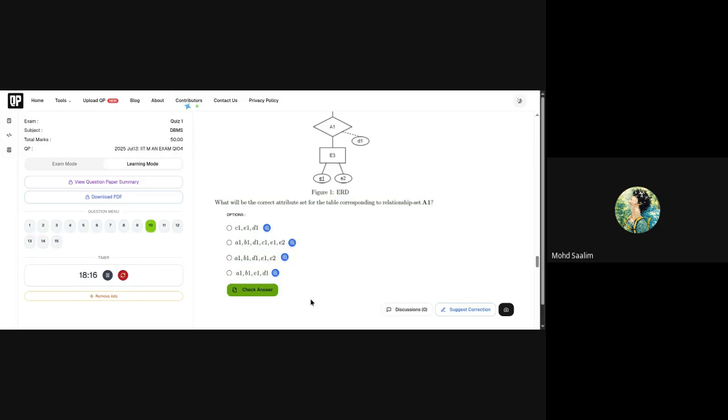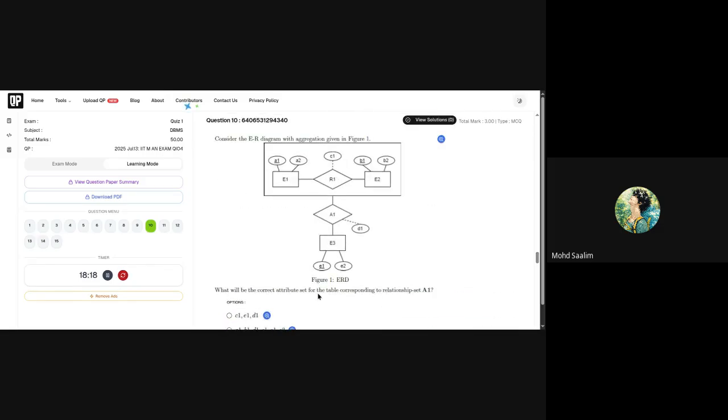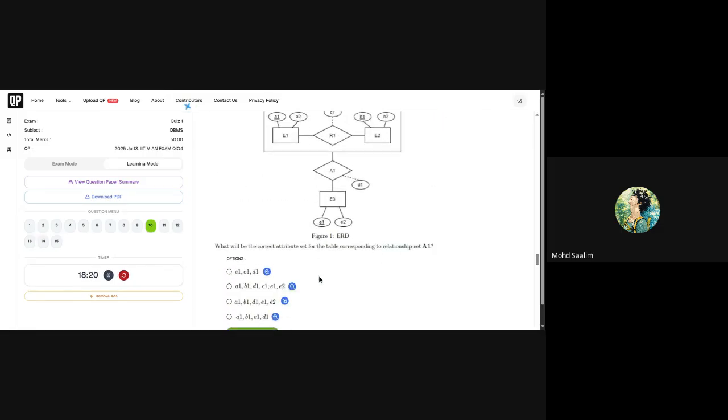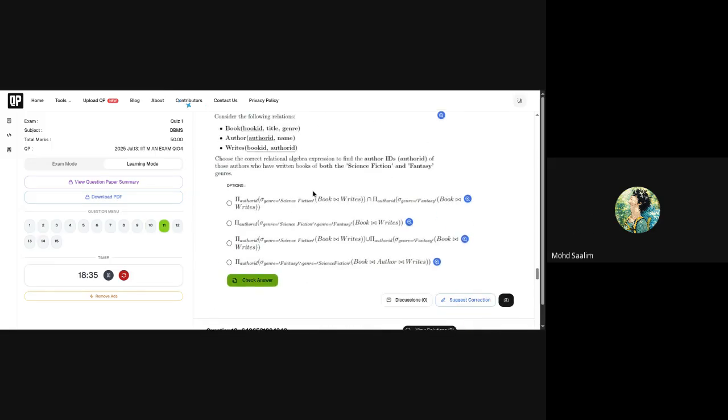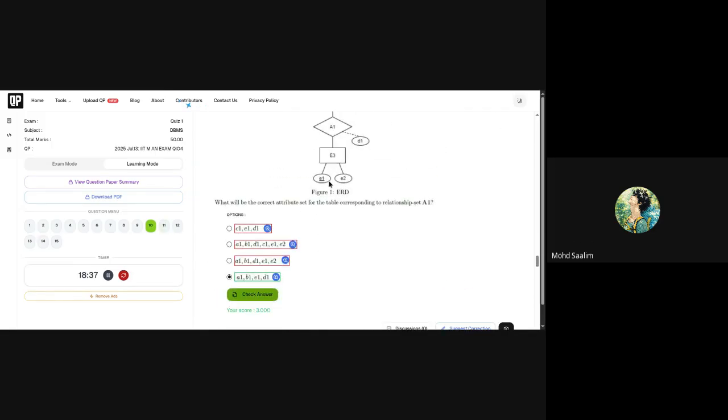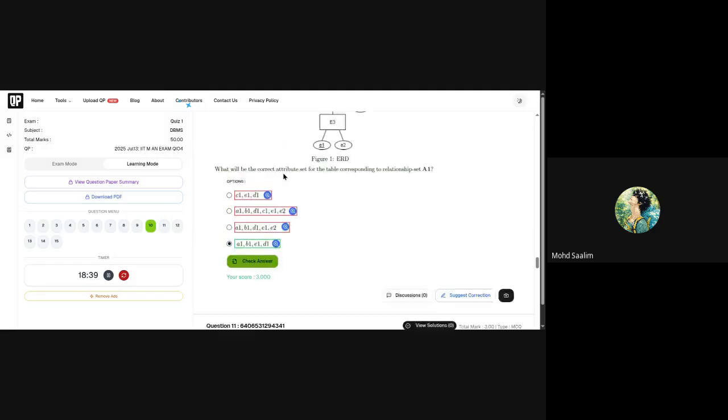So which option is correct? Last one. The last one? B1, A1, B1, E1, and D1. Brilliant. I think you have a good understanding of ER diagram if you are able to interpret this.